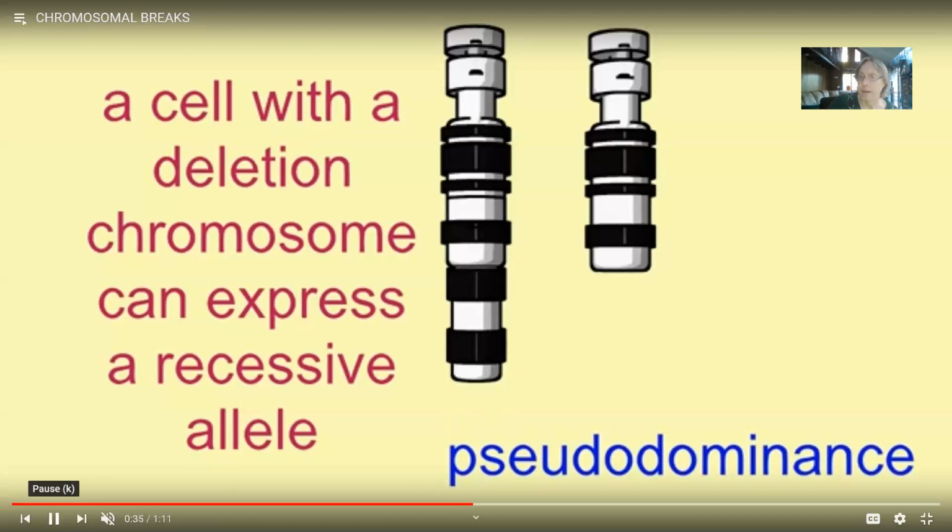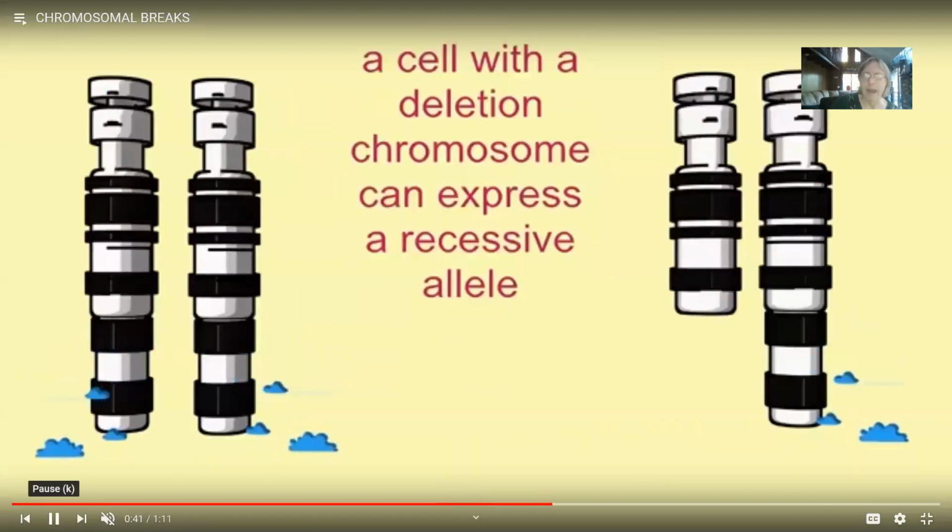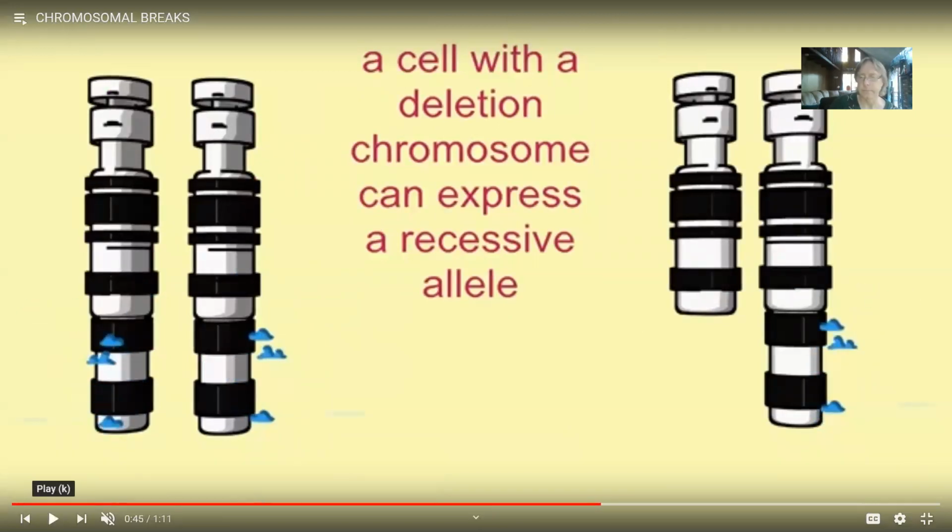A lot of mutations are recessive, and you would not have the mutant phenotype unless you were homozygous for that. But if you no longer have the good copy of the gene, then once you have one mutation, you express it.